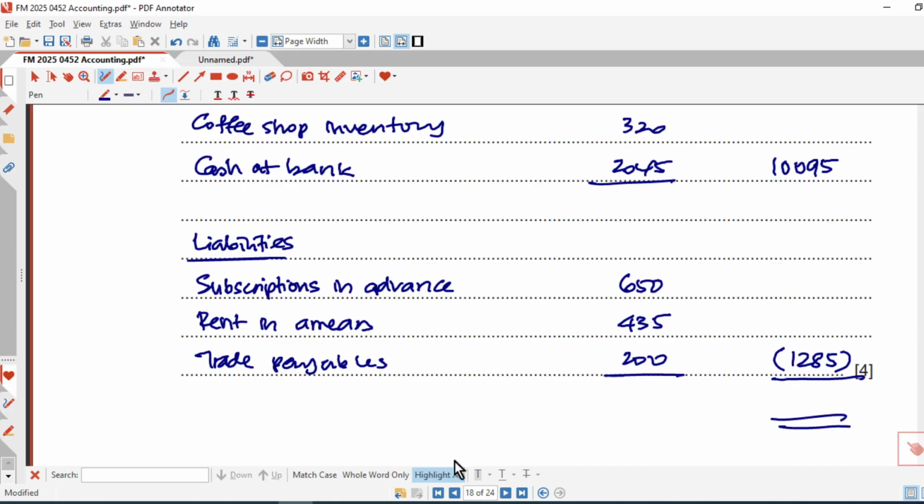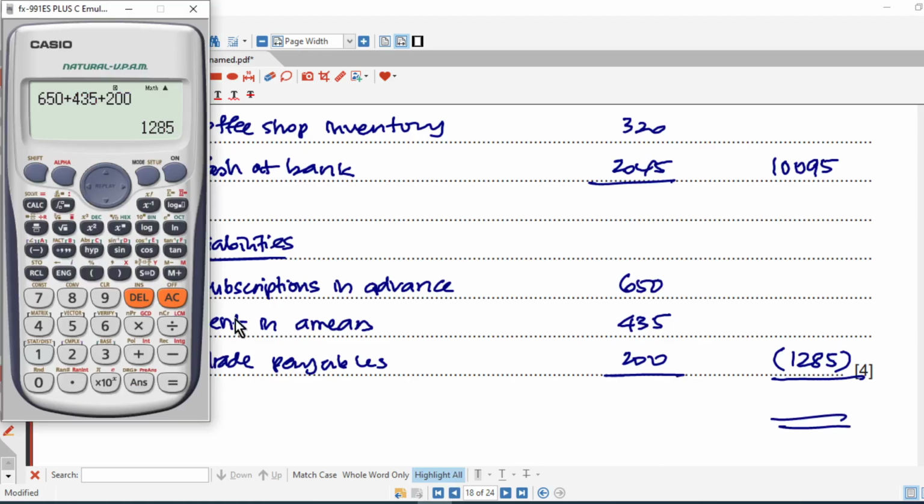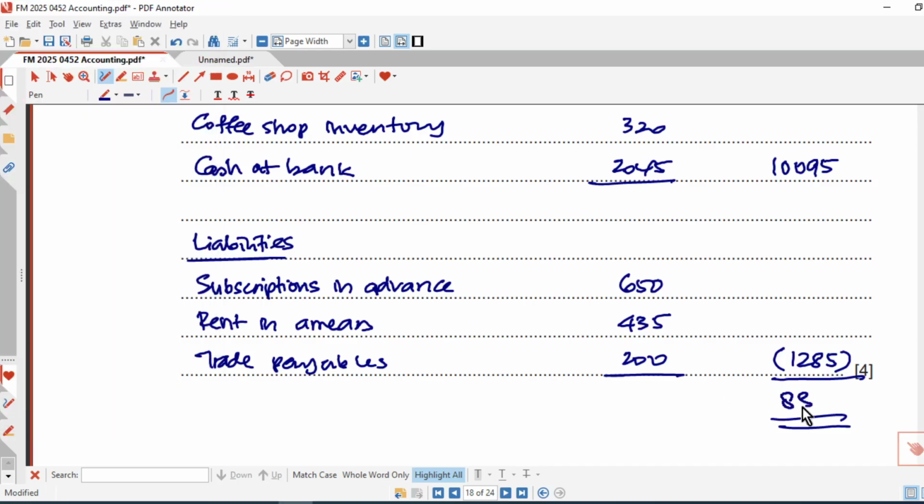So we gotta put a bracket there, and it's okay to go out of the line. It's all right. The markers will still continue to mark. Don't worry, they're not gonna neglect your answer there. So 8,810. That is the accumulated fund at 31st December 2023.